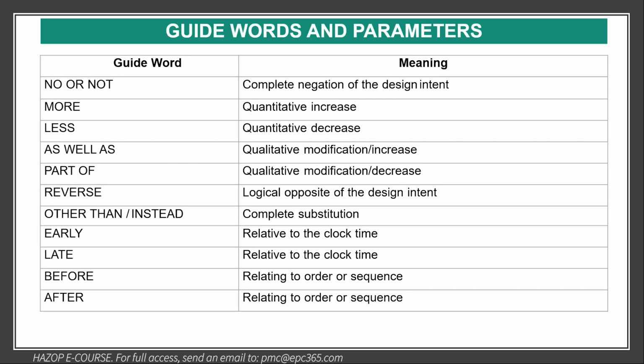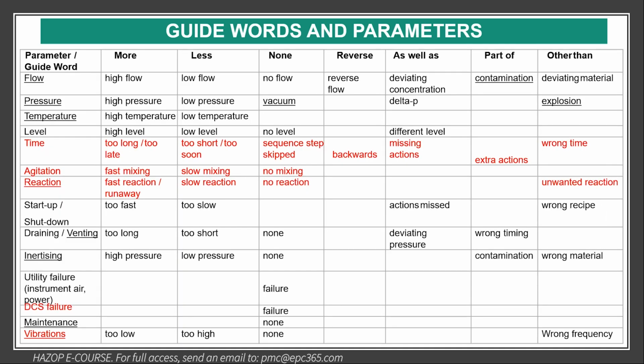So let's go into a little more detail about guide words and parameters. For example, no or not means complete negation of the planned intent. More is a qualitative increase, less is a qualitative decrease, and these are the guide words that we use, as well as reverse and part of. And these are guide words and parameters.